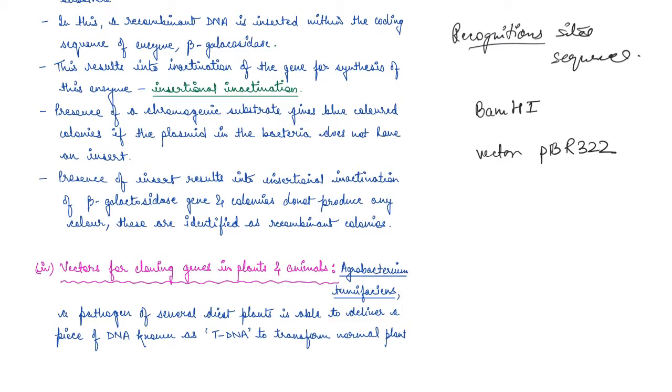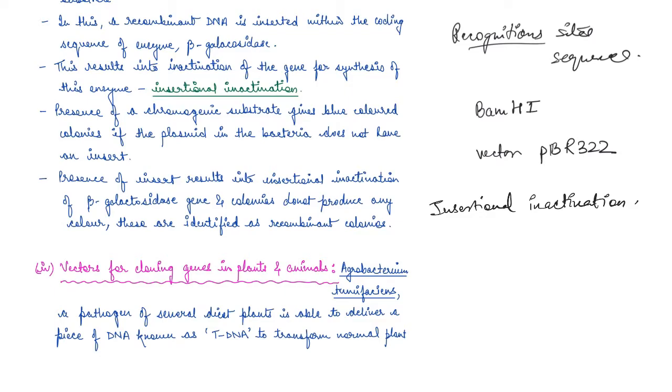Now this is known as insertional inactivation. So presence of a chromogenic substrate gives blue colored colonies if the plasmid in bacteria does not have an insert.